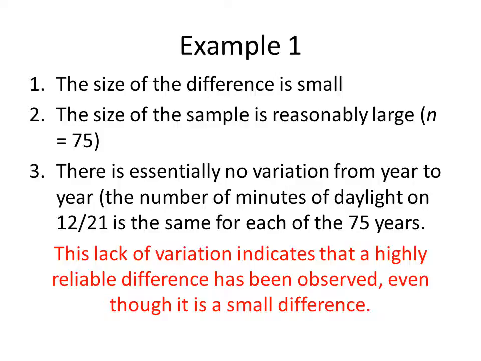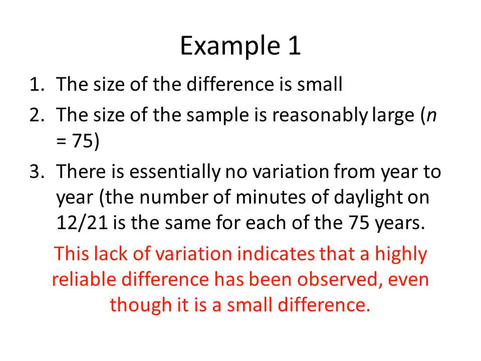Now in example 1, the size of the difference is small. But the size of the sample is reasonably large, which is 75 years, N of 75. And what we're saying is there essentially is no variation from year to year.